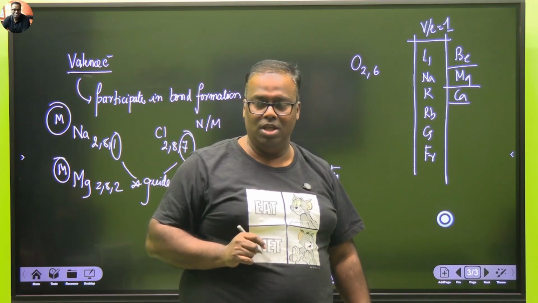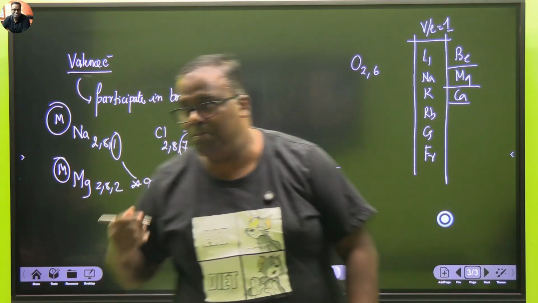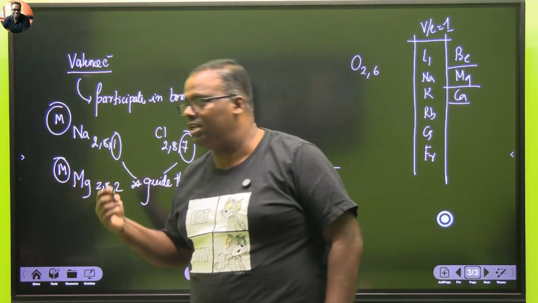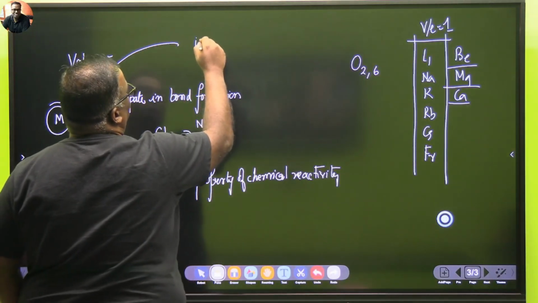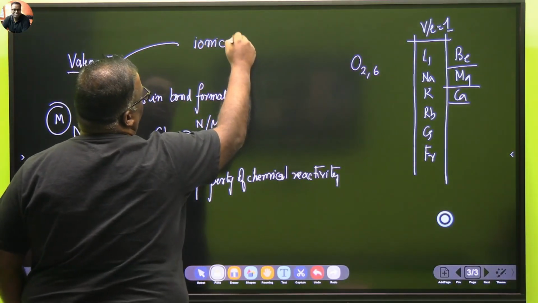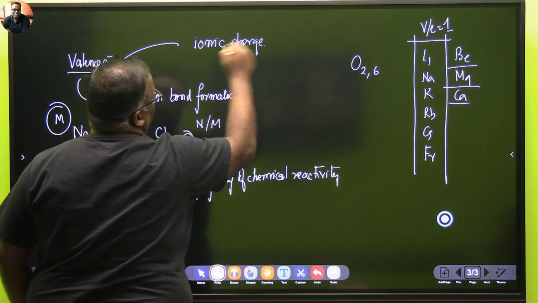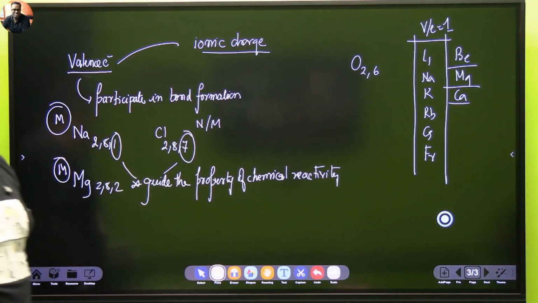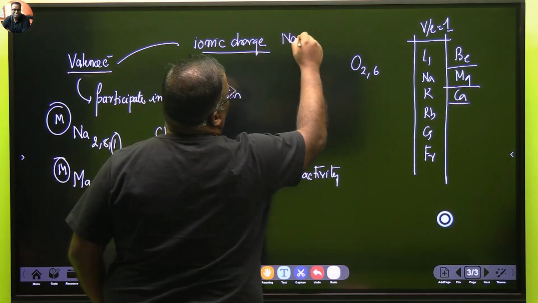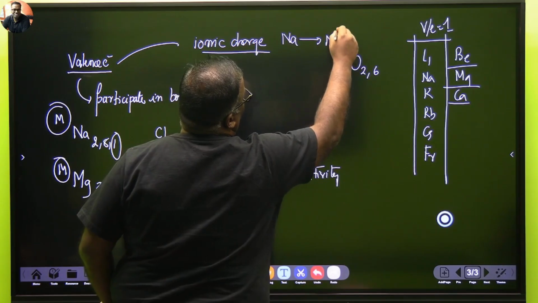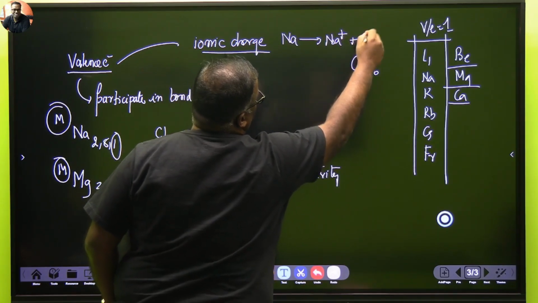Have you understood? So the valence electron is a big measure for us, or in other sense, this valence electron gives rise to a concept which is written in your book called the ionic charge. Means if it forms an ion, what is the charge? Like say sodium. Sodium will always try to become an ion with 1 positive, losing 1 electron.